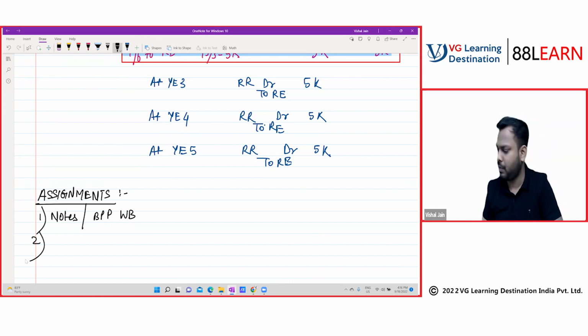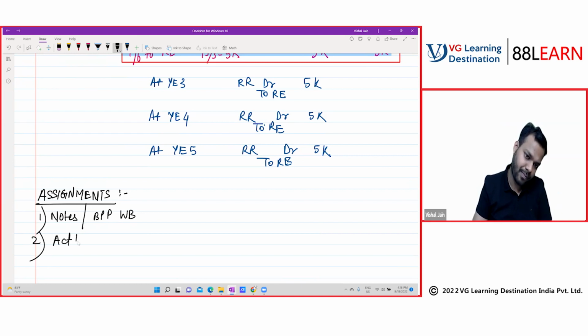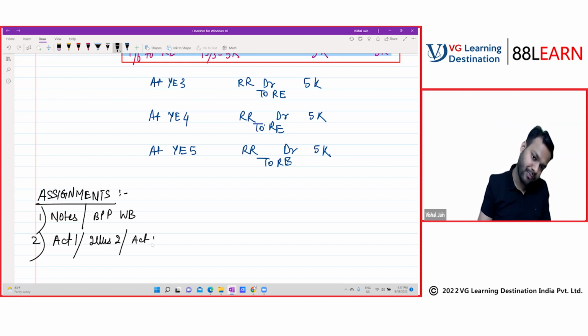Second, you have to solve activity 1, illustration number 2, activity 2, and activity 3.